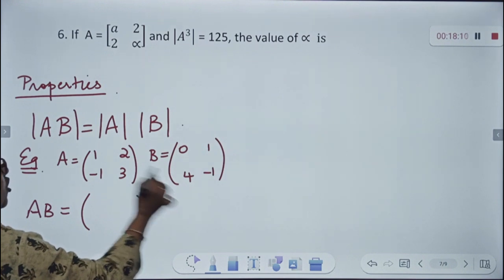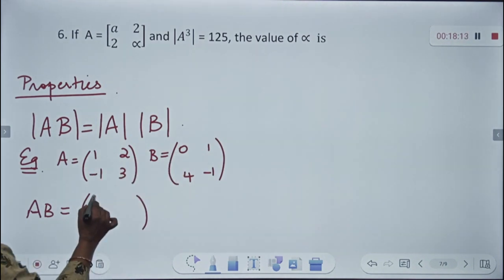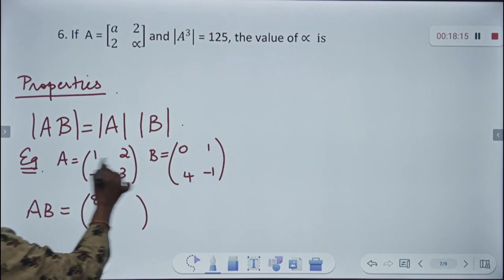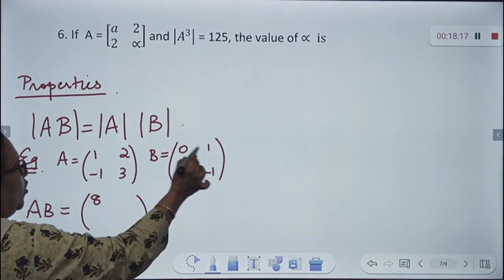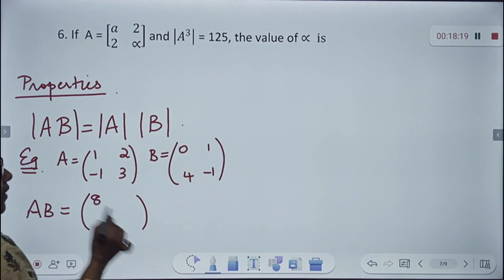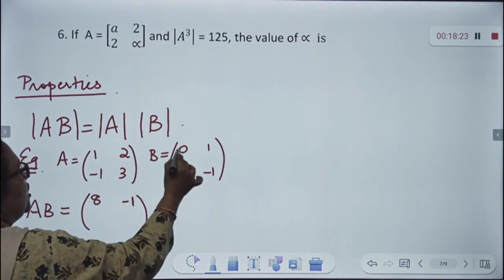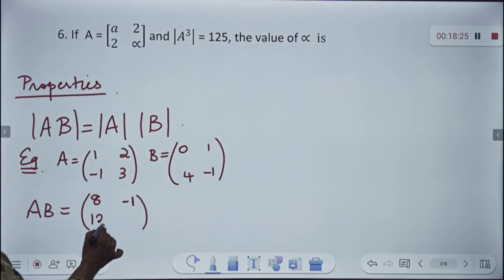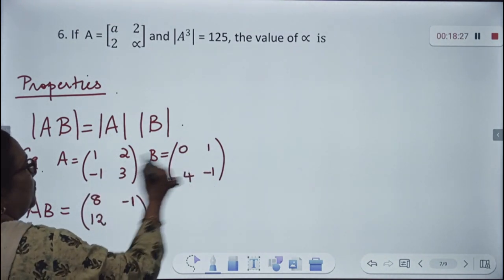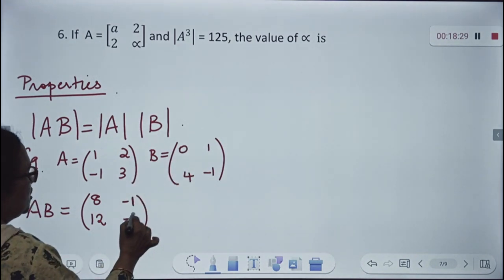First row, first column, 1 into 0 plus 2 into 4, 8. First row, second column, 1 minus 2, minus 1. Second row, first column, 0 plus 12, 12. Second row, second column, minus 1, minus 3, which is minus 4.